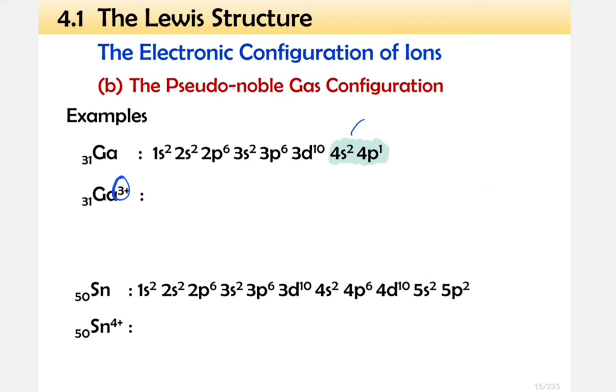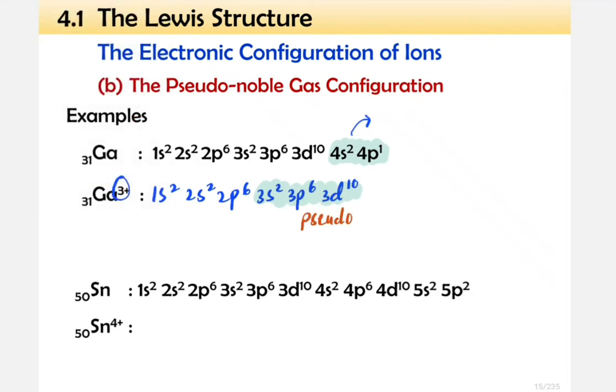Kalau kita dah buang 3 elektron dekat sini, the electronic configuration would be 1s2, 2s2, 2p6, 3s2. Ni isi nota awak bersama dengan saya. So, 3d10. Jadi awak boleh nampak dekat sini, this is the pseudo-noble gas configuration.